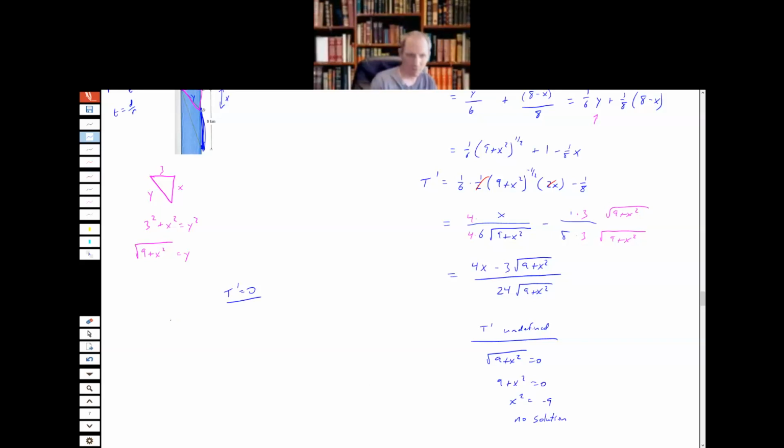Okay. T prime is equal to 0 when 4x minus 3 square root of 9 plus x squared is equal to 0. So if I add, I get 4x equals 3 square root 9 plus x squared, and now I'm going to square both sides.